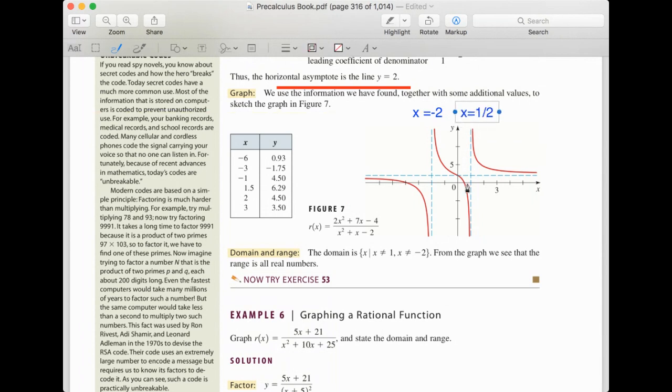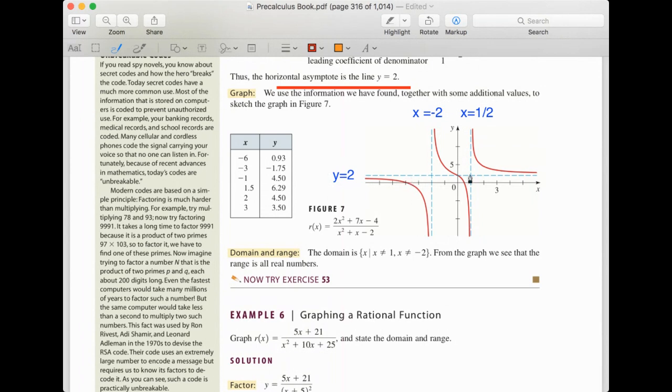Those dotted lines are the two vertical asymptotes. And the horizontal asymptote has the name y equals 2. Right? So we put it as a dotted line. The dotted lines, the asymptotes, mean the graph of the function will never pass the dotted line.